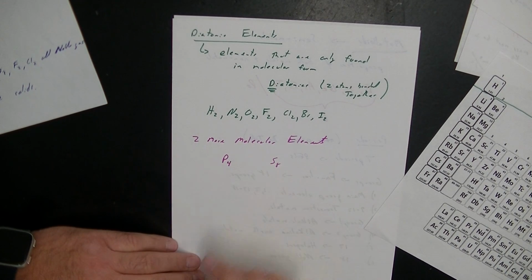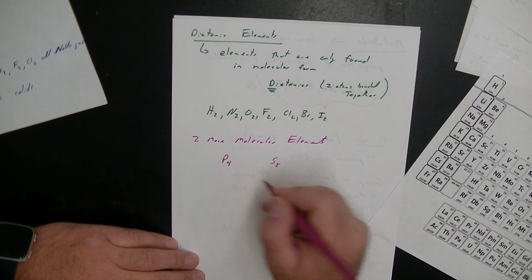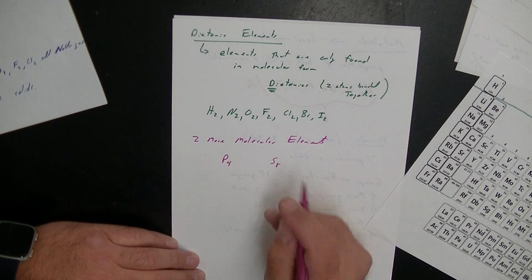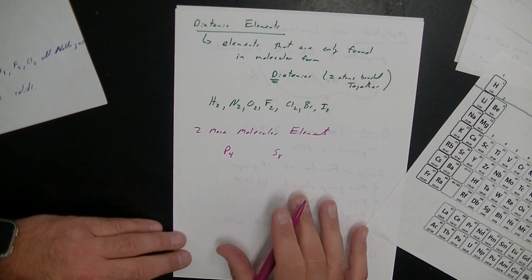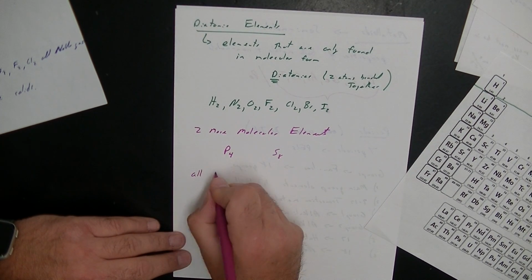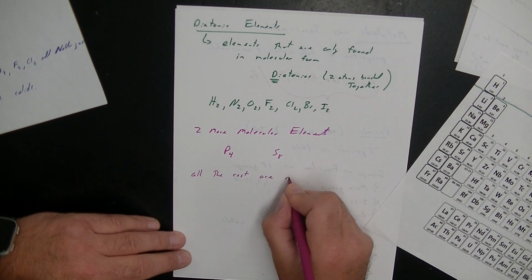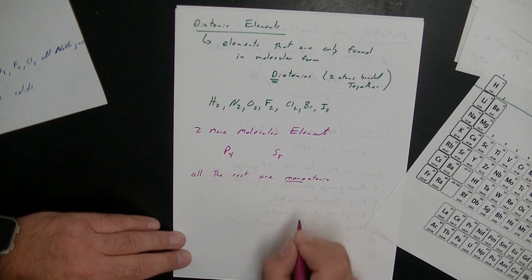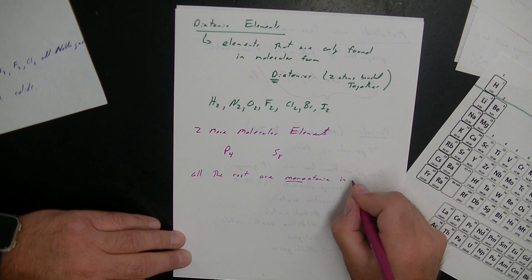So you should know that phosphorus is in a group of 4 when we find it elementally, and sulfur is in groups of 8 when we find them elementally. These are all diatomics, all the rest are monoatomic. We can find them as single atoms in elemental form.